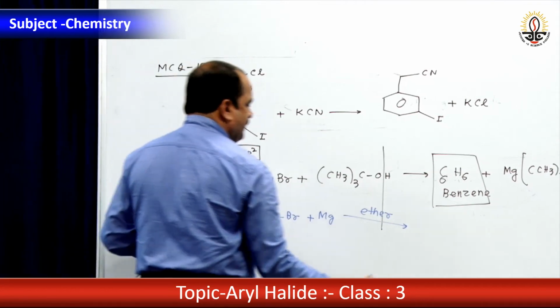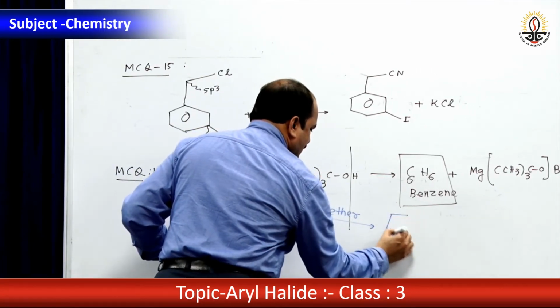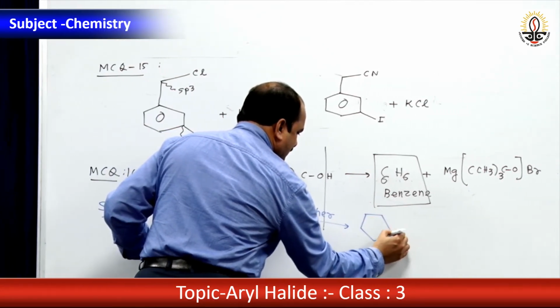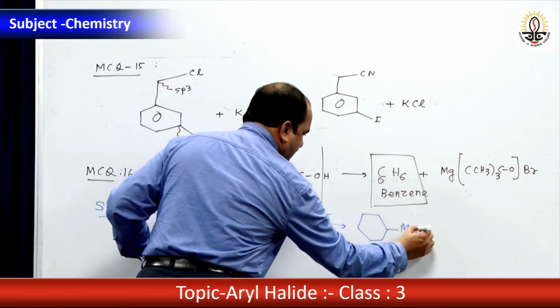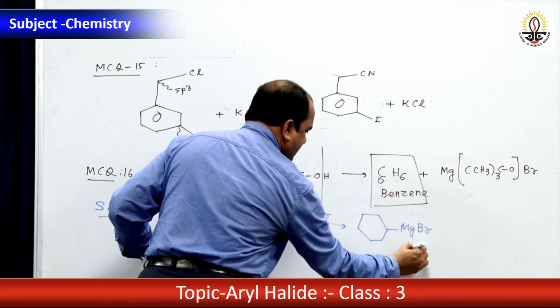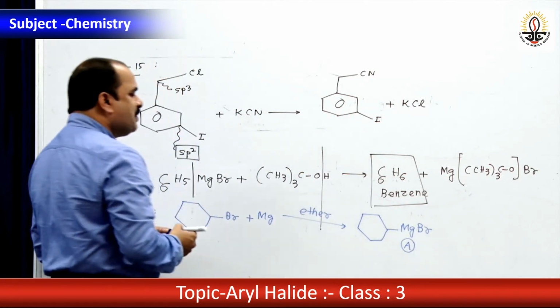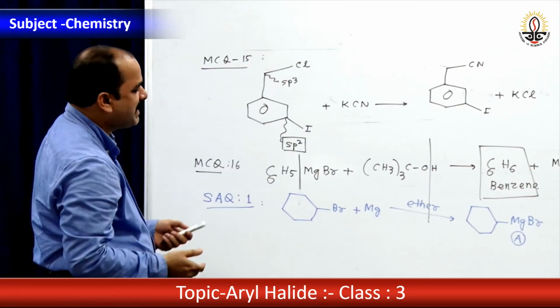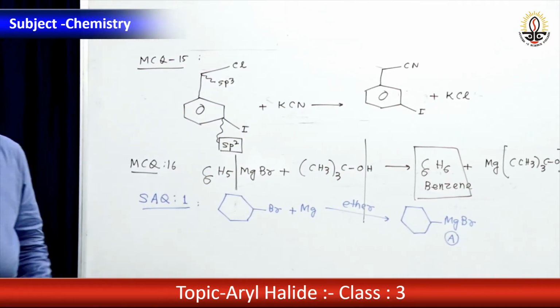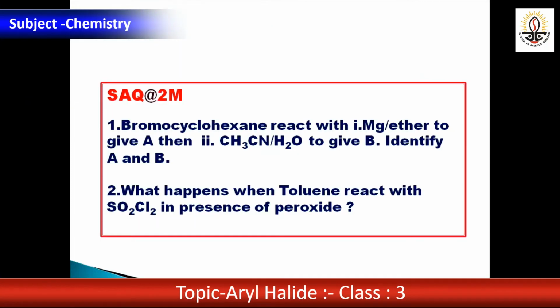It gives cyclohexyl magnesium bromide, a Grignard reagent. It is A. What happens when cyclohexyl magnesium bromide reacts with methyl cyanide and the adduct formed undergoes hydrolysis?